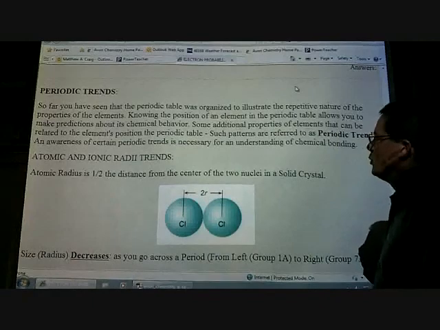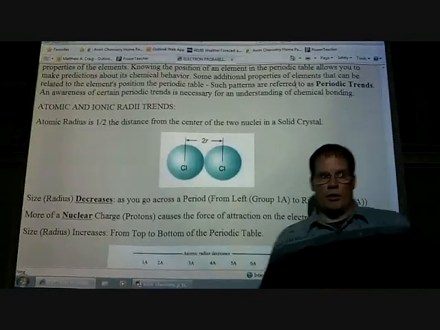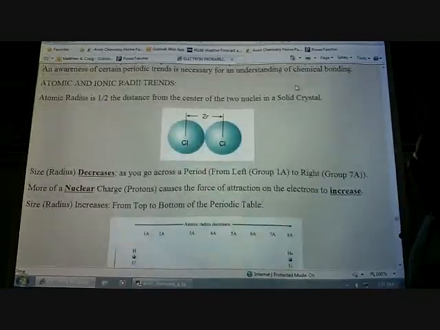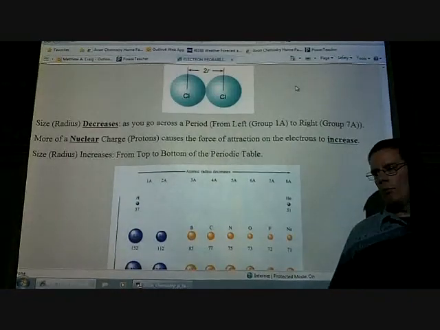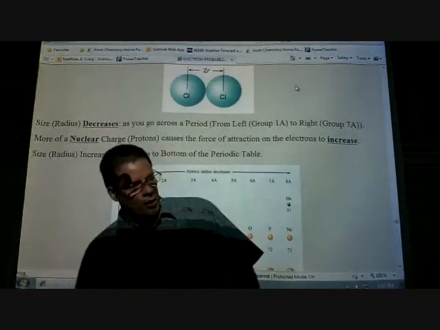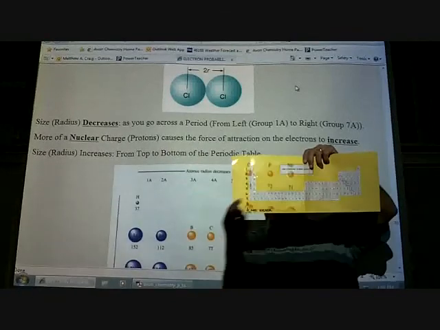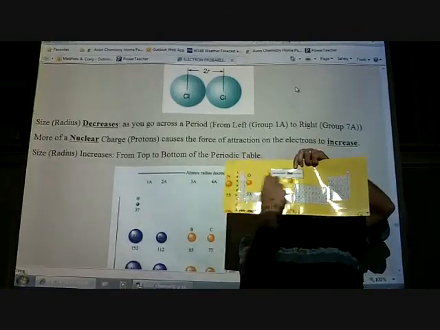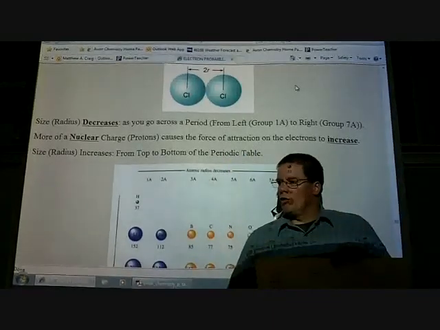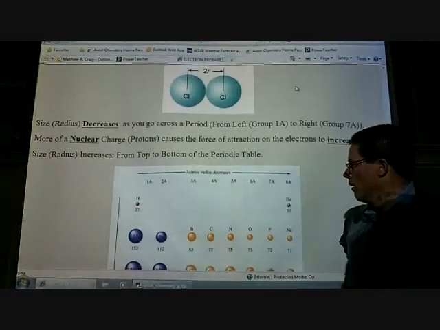Generally speaking, the radius of an atom decreases as you go from the left to the right along a row. So once we hit a row and we're going from left to right, the radius gets smaller. And here's the reason why.